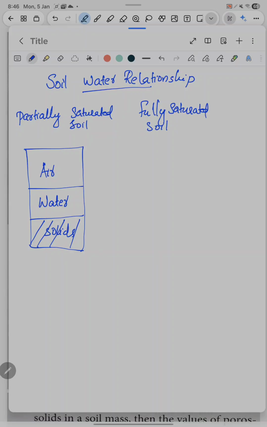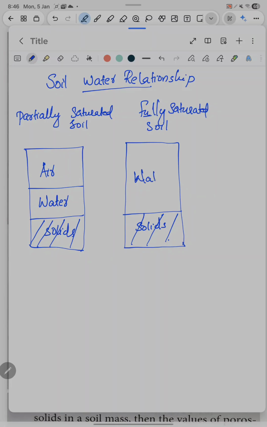Here what we can see is soil solids and the voids get occupied by water only. Fully saturated means all the voids get occupied by the water. So here it is soil solids and the remaining portion gets occupied by water. This is fully saturated.